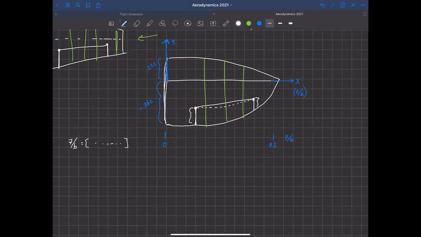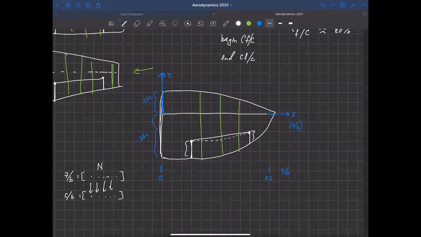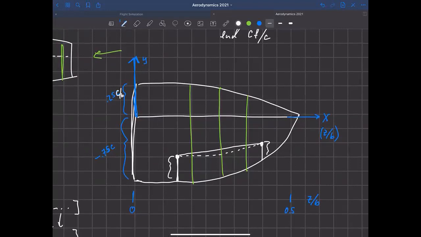We know that at n locations along the wing. We also know C over B, and that's at n locations along the wing. So those are at the same locations, right? So we know the Z location and the C over B location. And so what we did here was we just plotted 0.25 times C over B and minus 0.75 times C over B at each of those locations and connected the dots. And if we put in some dots here for each of the locations that we know, actually they should be coincident with these green lines. But anyway, we connected the dots and created the outline of our wing, right?